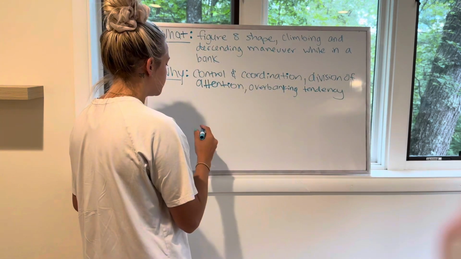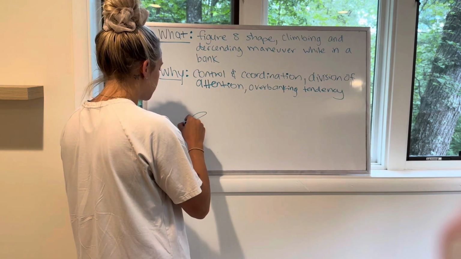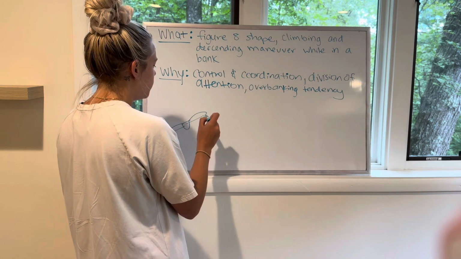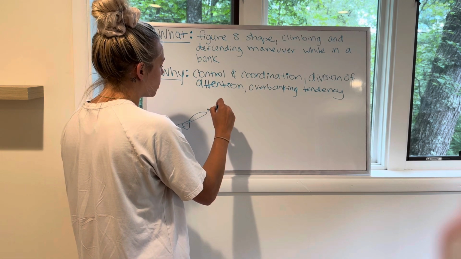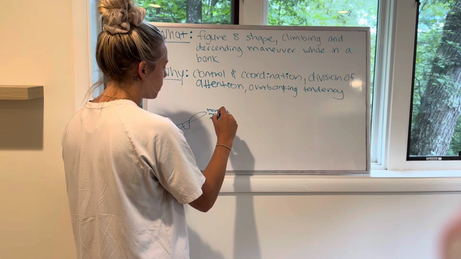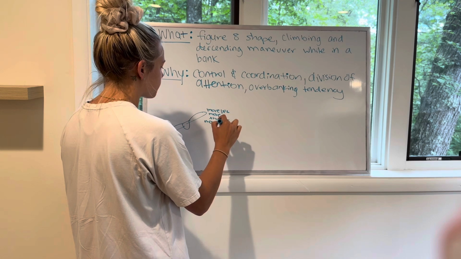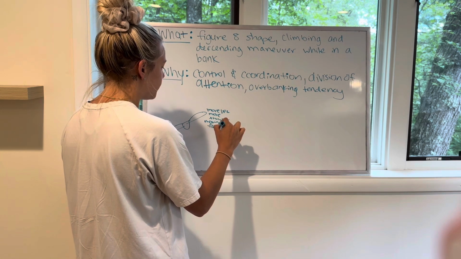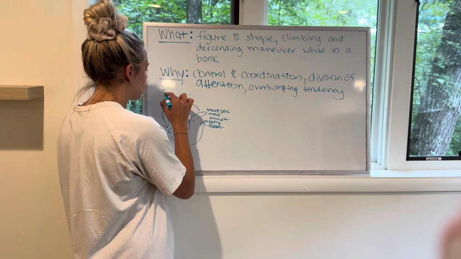The overbanking tendency: when our plane is in a bank, the wing that's higher is creating more lift and more thrust, so this wing is moving faster. Both these wings are completing the turn in the same amount of time.